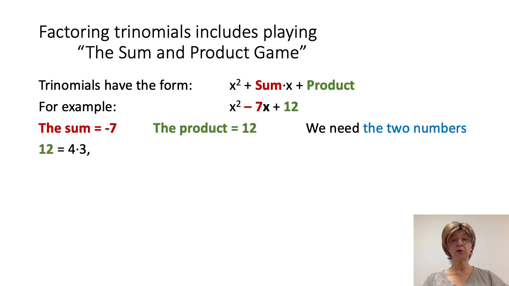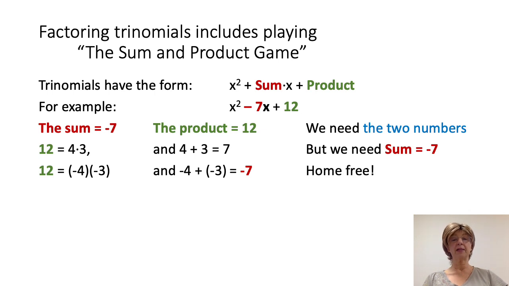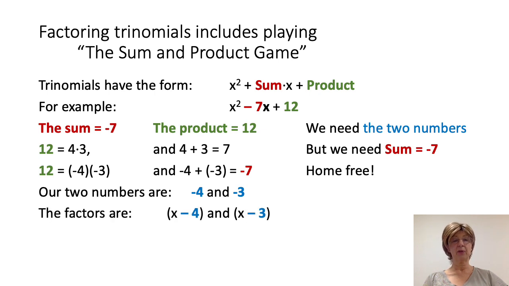So 12 equals 4 times 3, and 4 plus 3 equals 7, but we need a sum that's -7. So 12 also equals -4 times -3, and -4 plus -3 equals -7, home free. Our two numbers are -4 and -3.